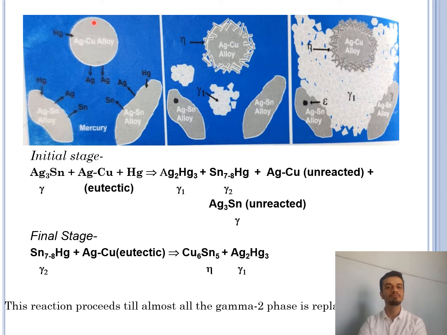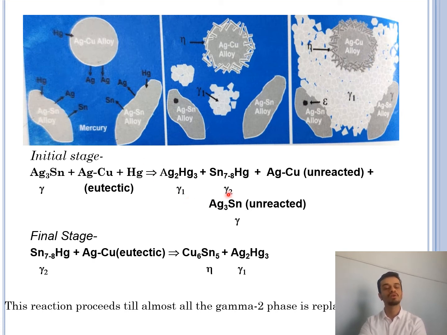Here we can see 1 part silver copper eutectic spherical alloy, and there are 2 parts of silver tin alloy which is lathe cut. Here there is the presence of mercury. As the reaction proceeds, there occurs formation of gamma 1 phase and gamma 2 phase.